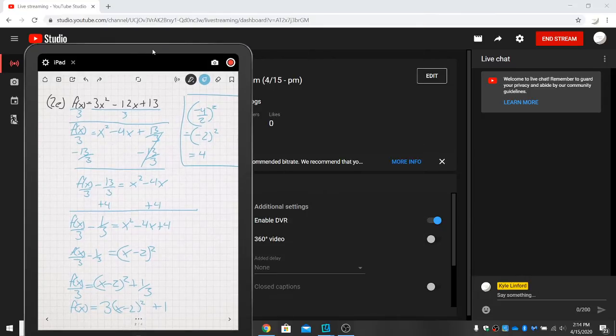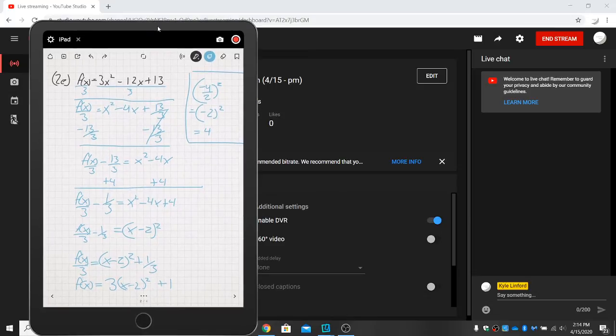All right, now we have the quadratic written in vertex form. So we've taken it from standard, put it into vertex form, and you'll notice that this last step I did here where I multiplied both sides by 3 wouldn't have happened if that was a 0.